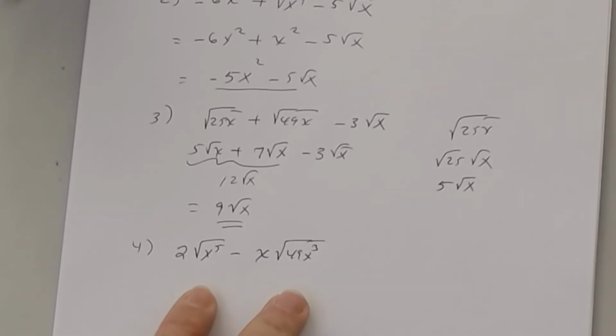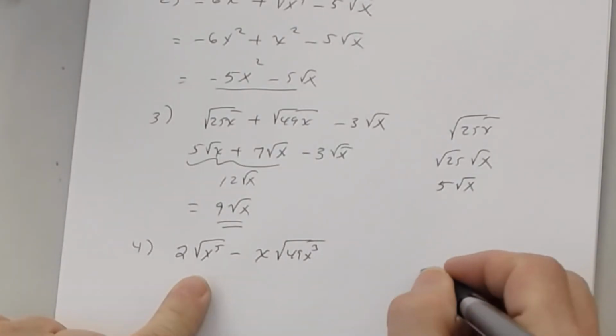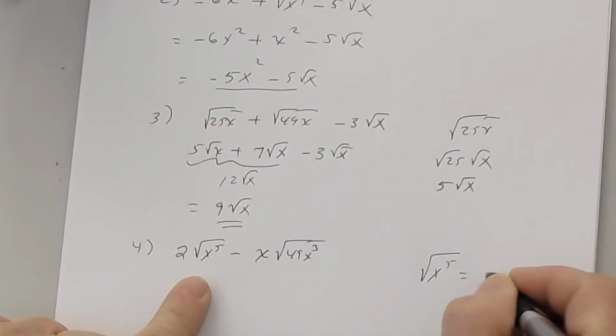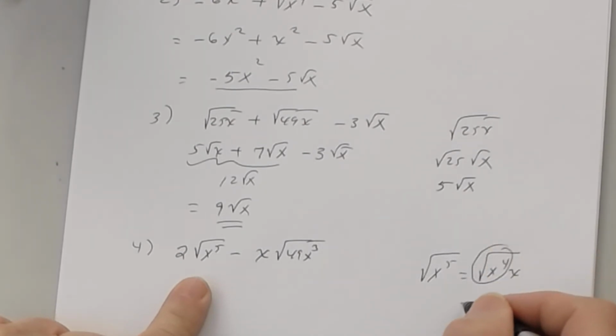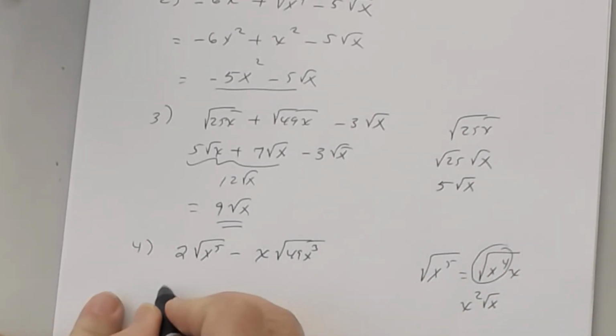Do they look exactly alike in terms of like terms? No. But let's simplify. You see that square root of x to the 5th? How can I write that? Square root of what? X to the 4th times x. And what's the square root of x to the 4th? X squared and then square root of x. So that's 2x squared square root of x.